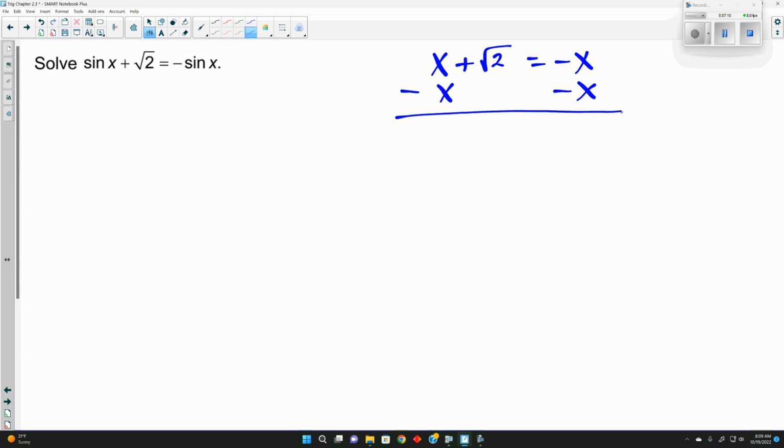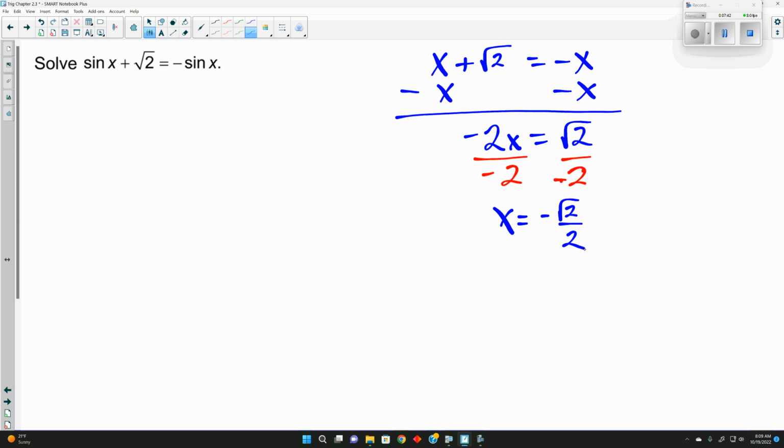We're trying to get the x's by itself, yes? I mean, we could have added x and then subtracted the square root of 2. Either one works. Because what that tells us is we have negative 2x equals the square root of 2, yes? Then what would we do next? Divide both sides by negative 2, telling us that x is equal to negative square root of 2 over 2, yes?